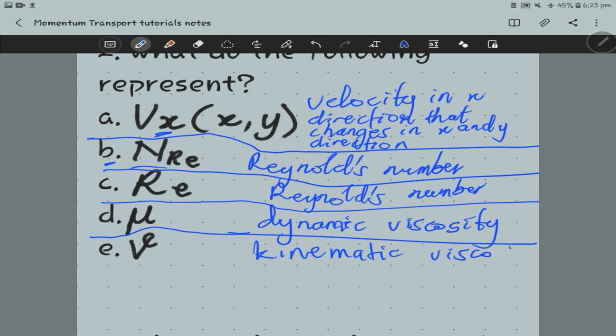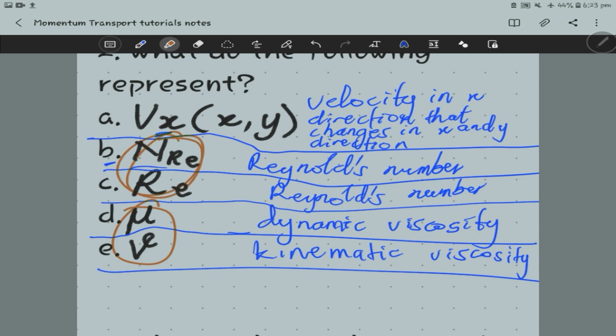All right. And then, just by the way, know that these two here can be used to express the Reynolds number. So Reynolds number can be expressed in terms of this or in terms of this. So let's take note of that. You can check that out just for understanding.